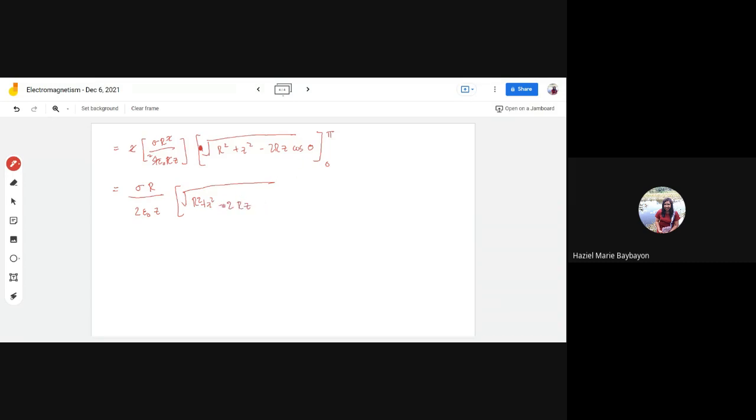Cosine pi is equal to -1, so this will become positive. Minus the square root of r squared plus z squared minus 2rz cosine 0, so this is -2rz.